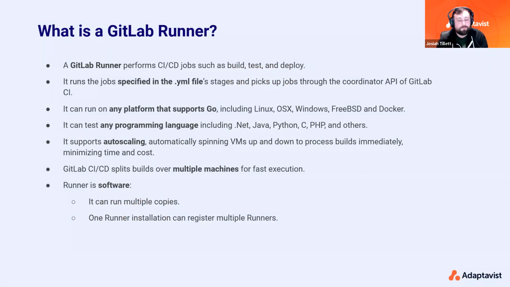You're going to deploy it separately from your main GitLab installation. You're going to register it with your main GitLab installation, and then it's going to work with GitLab through API. In order to run your jobs, you're going to need at least one GitLab instance and one GitLab runner. You can have as many runners as you'd like, but you need at least one.